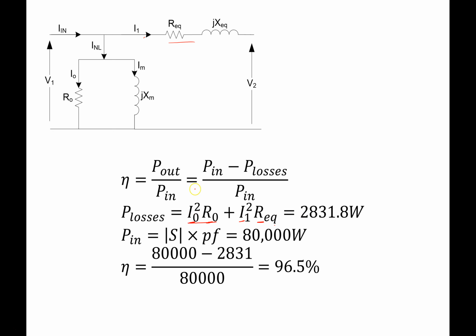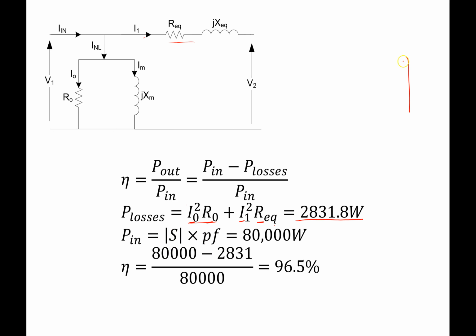So we remember for the losses, these are all the magnitudes here that we need. The angles don't come into play when you look at the power losses. So that gives us 2831.8 watts.